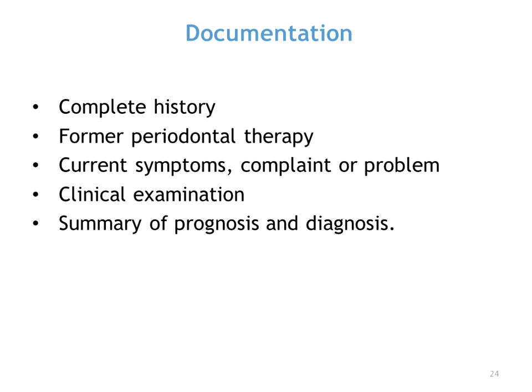And documentation for a patient with need for periodontal therapy includes at least the following in the patient's permanent record, along with the radiographs and physician's approvals if we need them: the initial complete history, medical, dental, any former periodontal therapy that they might have had, current symptoms or chief complaints, the clinical examination with charting, with periodontal findings and of the teeth, so that's soft and hard tissue, summary of prognosis as well as diagnosis.